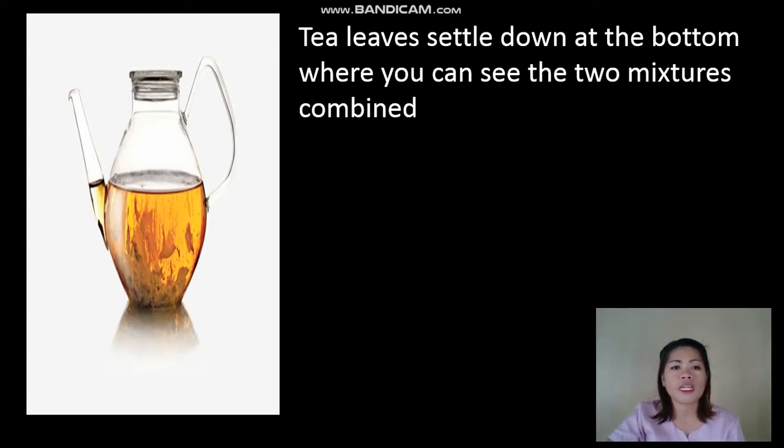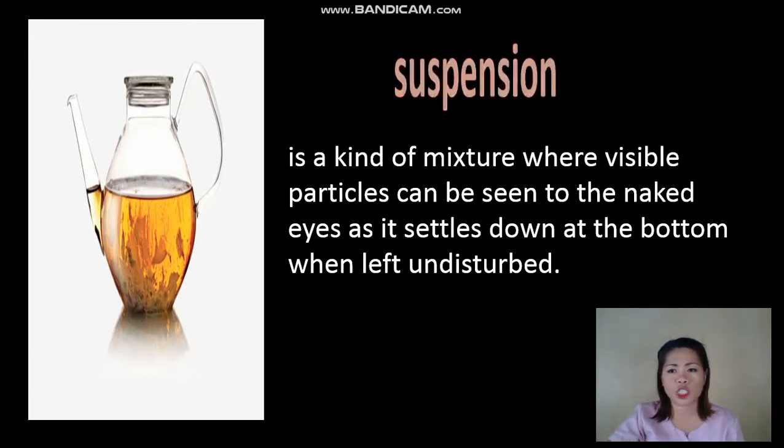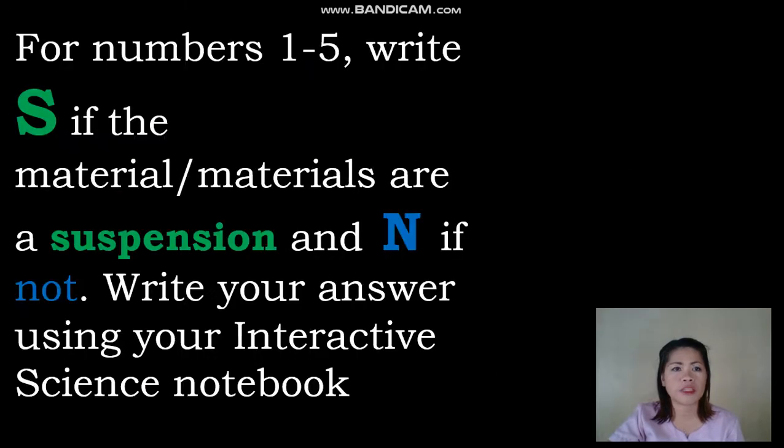We have the tea and the leaves, which are at the bottom of the bottle. In this kind of mixture, visible particles can be seen with the naked eyes, as they settle down at the bottom when left undisturbed. This is a suspension. Now, do you know what a suspension is?